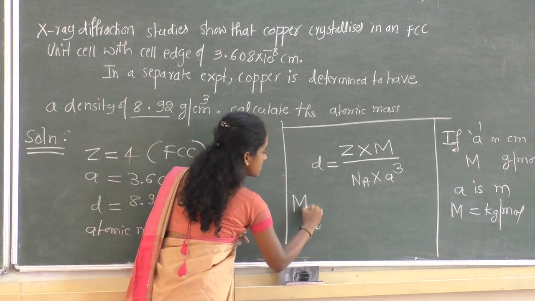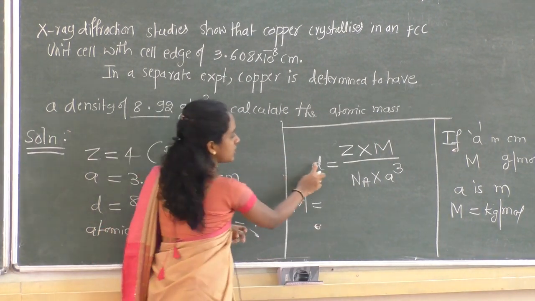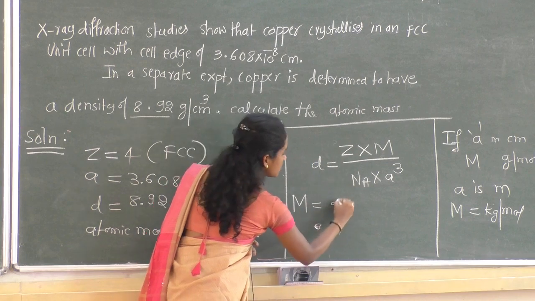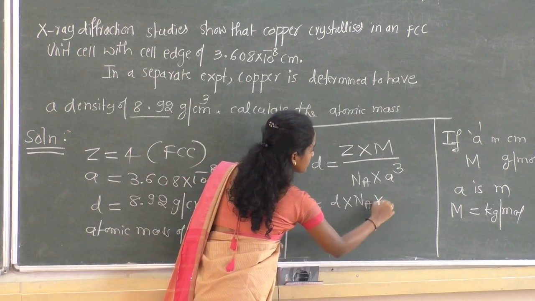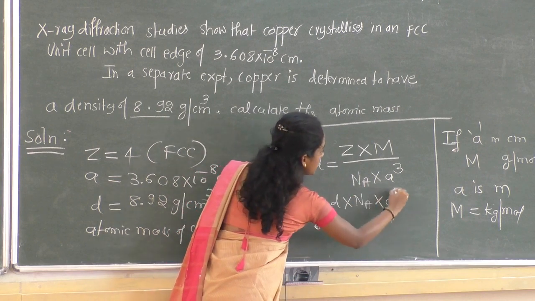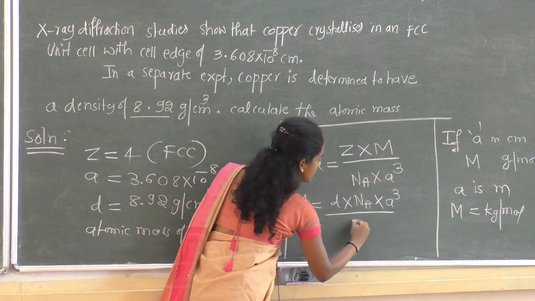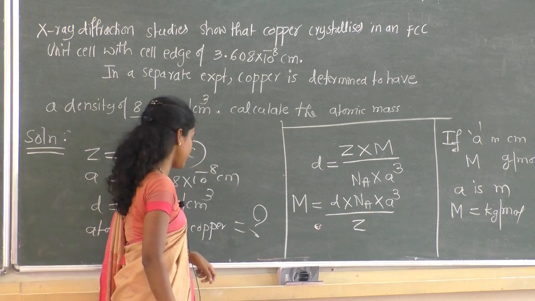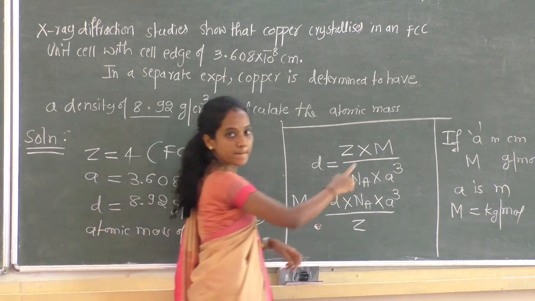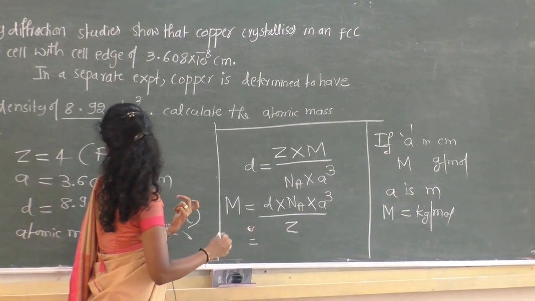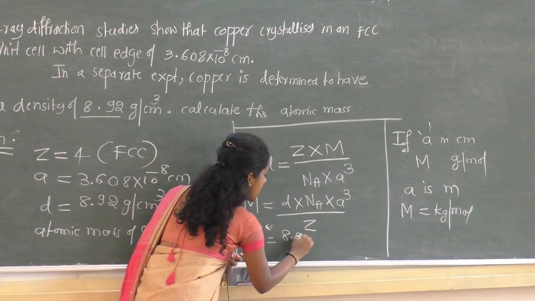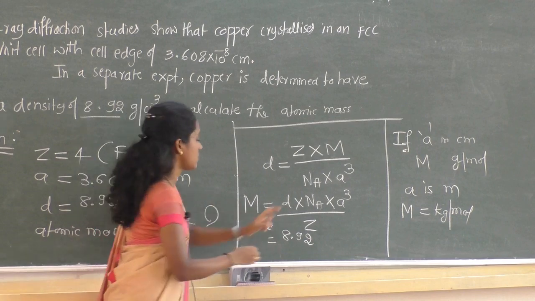So molar mass M is equal to, you can cross multiply here, d into Na into a cube divided by Z. Now let us substitute the values. What is d? Density, it is 8.92. Next, what is Na?